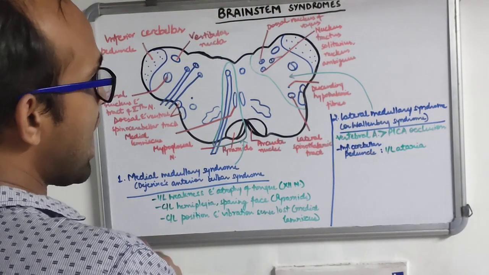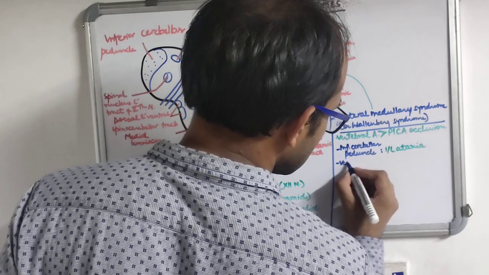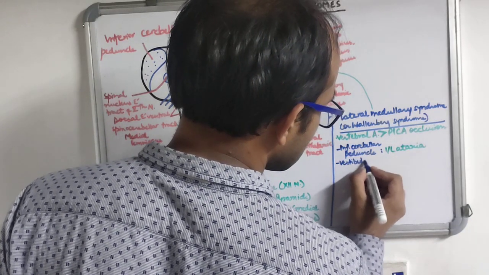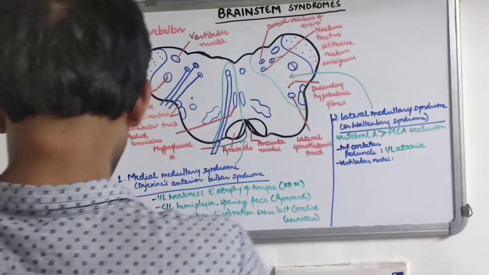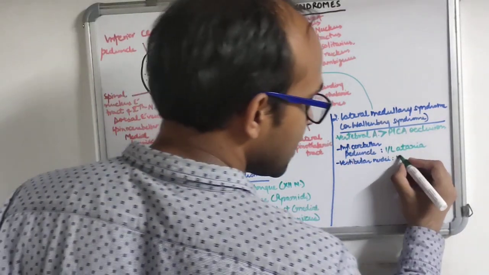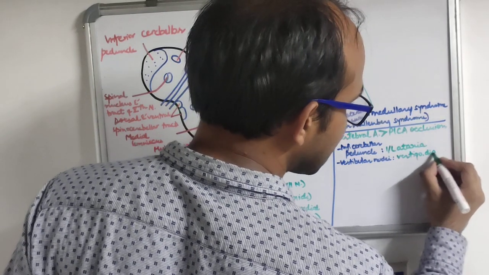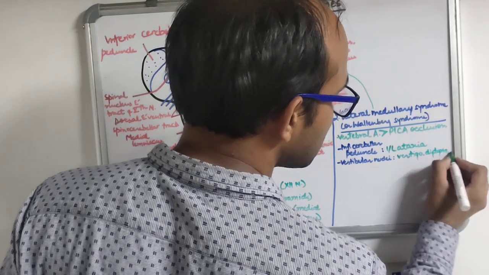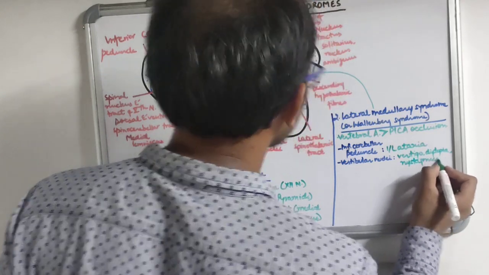And because of the involvement of the vestibular nuclei, there will be vertigo, diplopia, nystagmus, giddiness, nausea, vomiting. These would be the results.